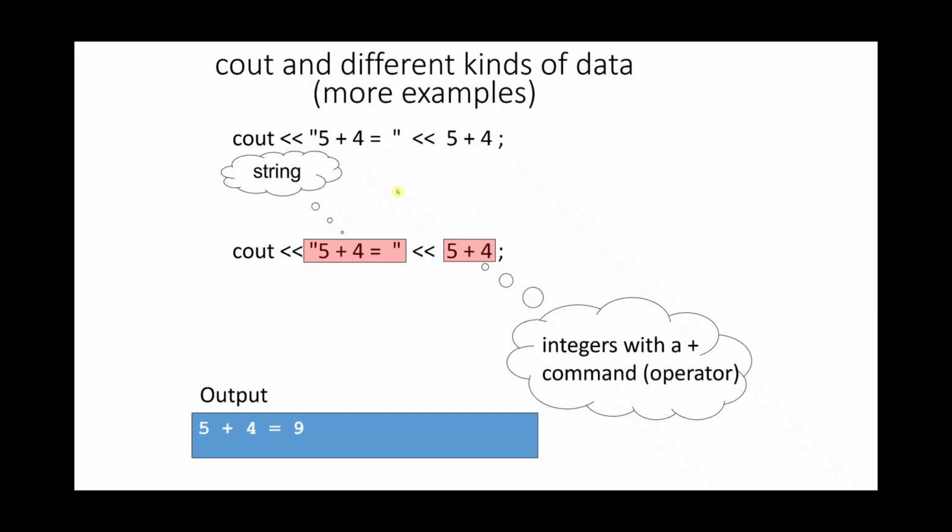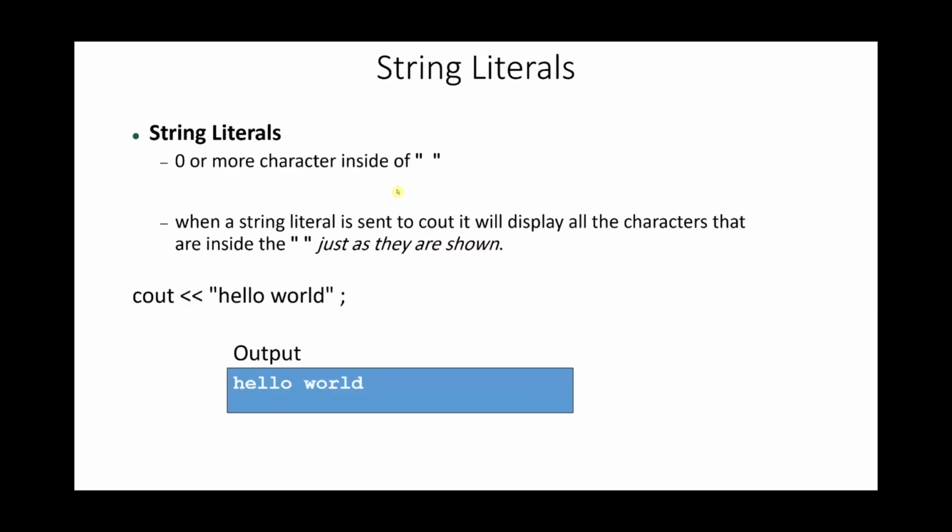And this is the breakdown of how it actually works. So we have something called string literals. String literals are anything enclosed with the double quotations. It could be 0 characters, like this one, without a space in here. This is 0 characters, and this isn't considered a string.